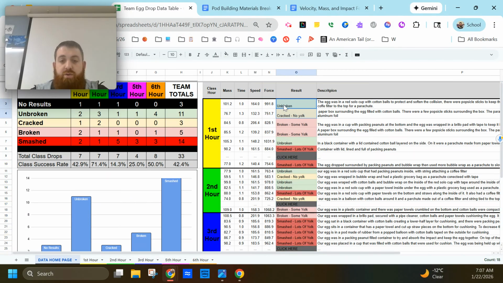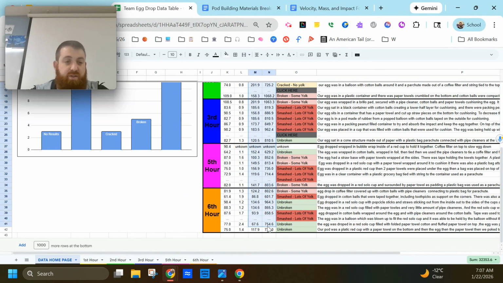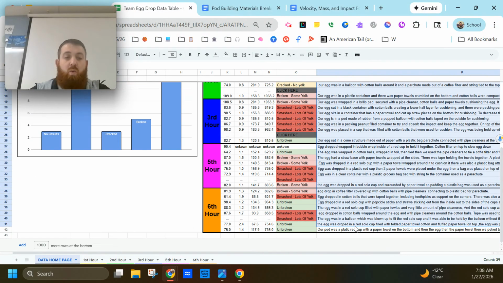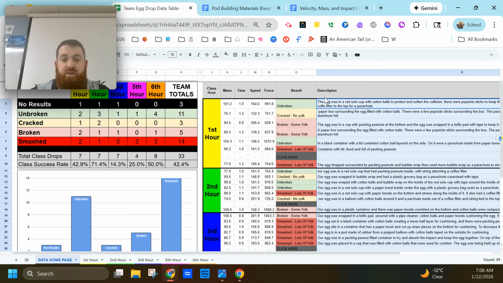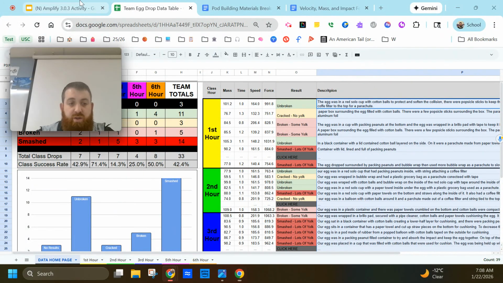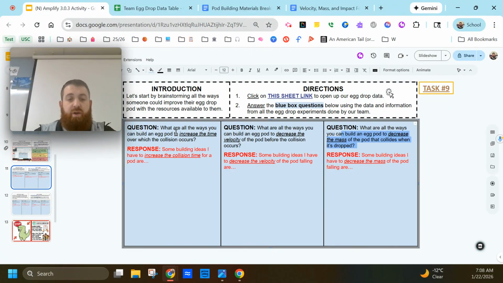And what we're going to do is look at not only the speed and the impact force of those successful and unsuccessful pods, but also how were they built? What were all the different ways that these people utilized their materials to do those 3 things? To increase the time over which collision occurred, to decrease the velocity, and to decrease the mass.